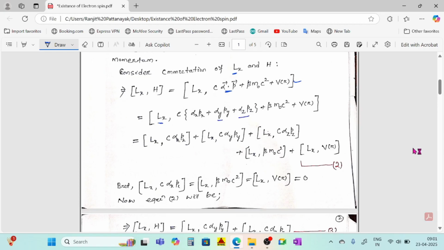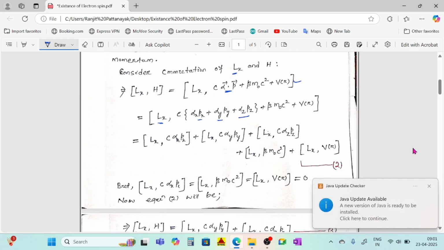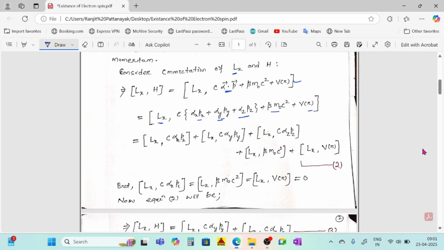Here for Lx we get 1, 2, 3, 4, 5 terms if we consider the entire computation: Lx with c alpha x px, Lx with c alpha y py, Lx with c alpha z pz, Lx with beta m naught c square, and Lx with V(r). Let this be equation number 2.